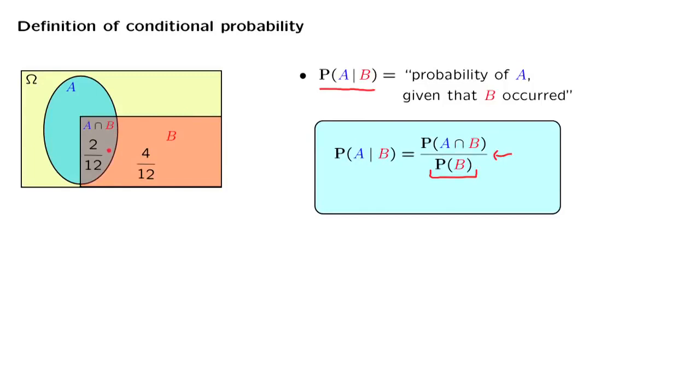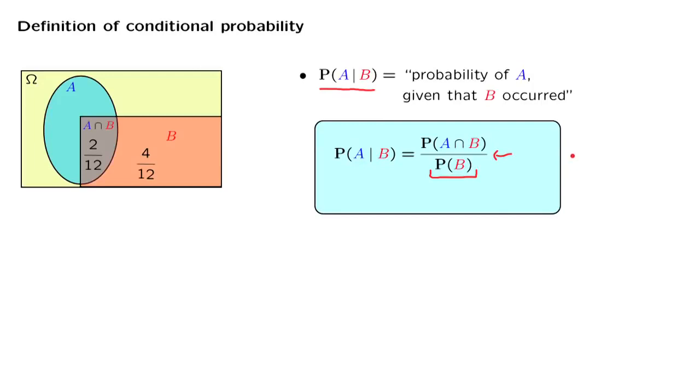So we are living inside event B, but within that event, we look at those outcomes for which event A also happens. So this is the intersection of A and B. And we ask, out of the total probability of B, what fraction of that probability is allocated to that intersection of A with B. So this formula, this definition, captures our intuition of what we did before to construct conditional probabilities in our particular example.